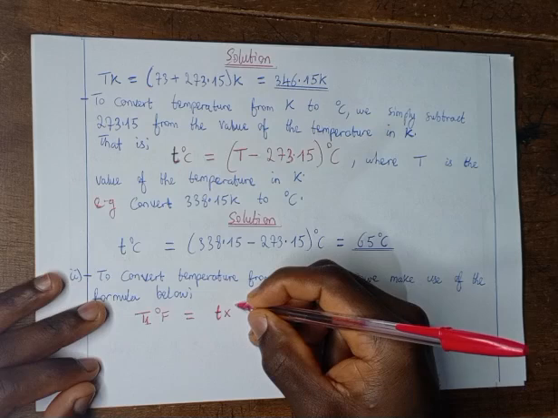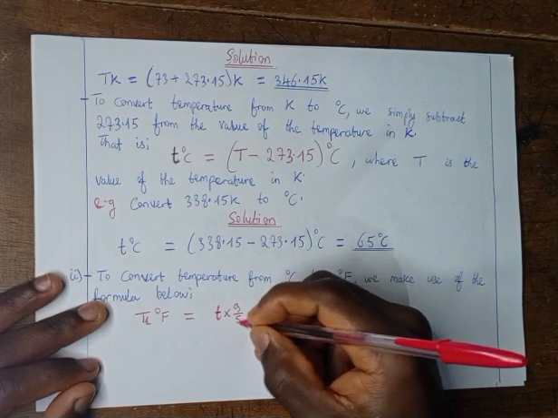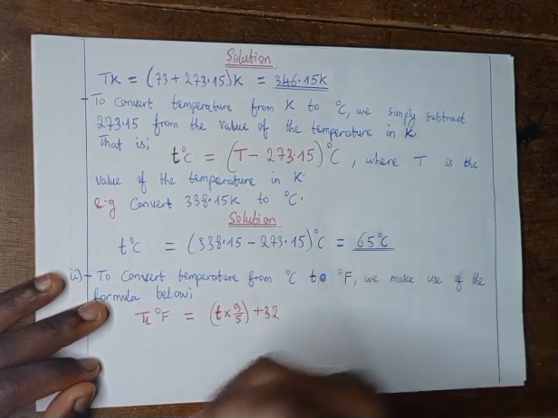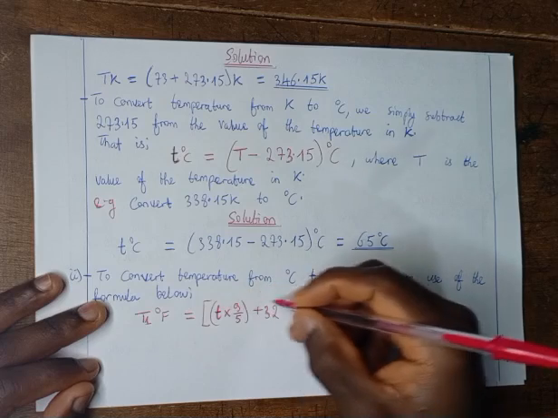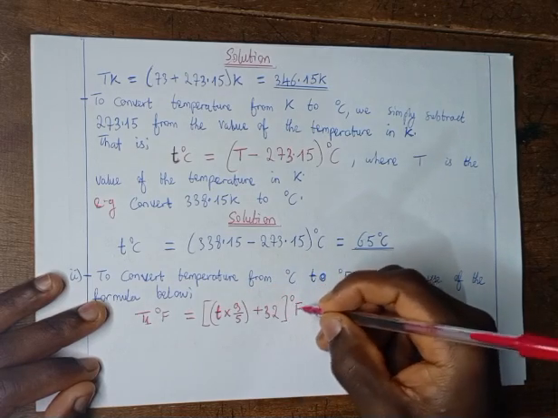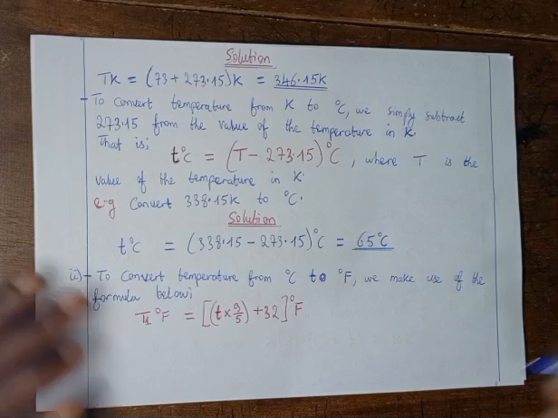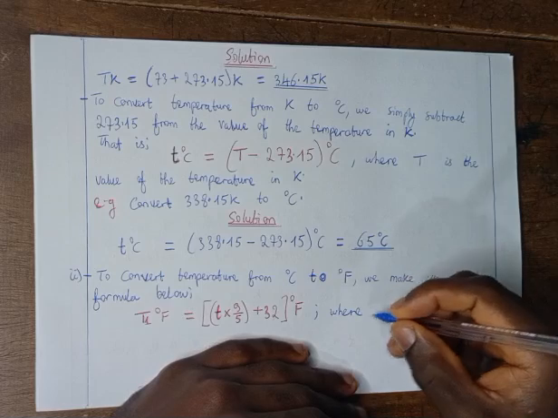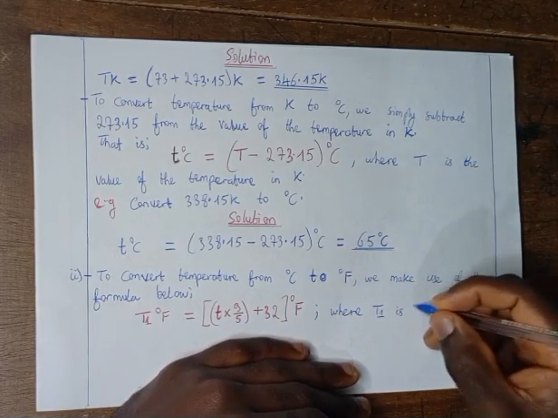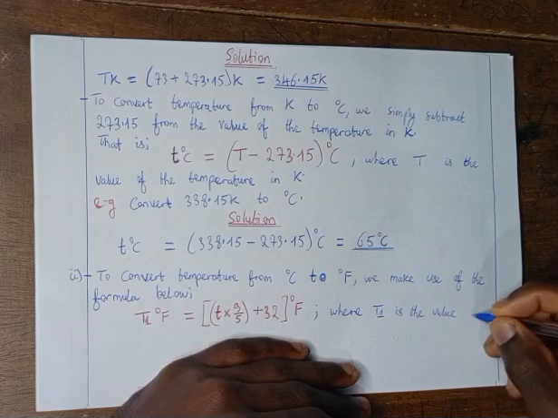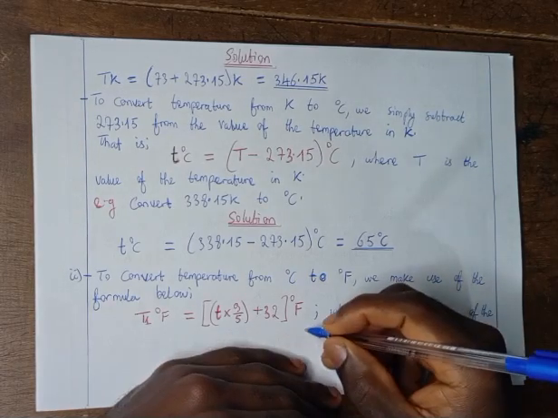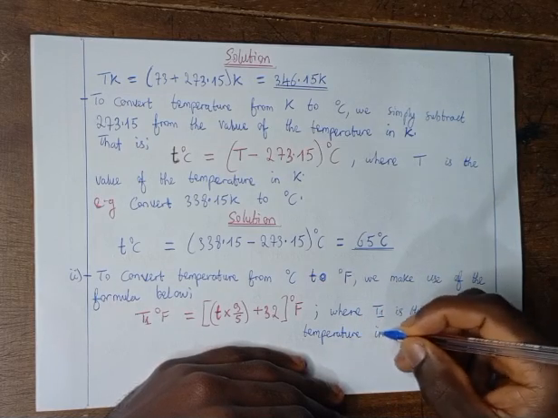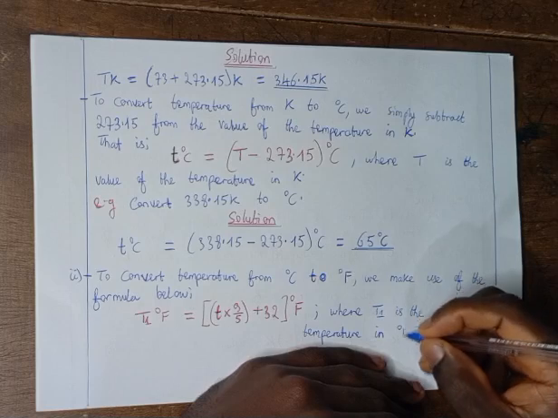You multiply it by 9/5, and you add 32 to this value, and the unit will be degree Fahrenheit, where T1, T subscript 1, is the value of the temperature in degrees Fahrenheit.